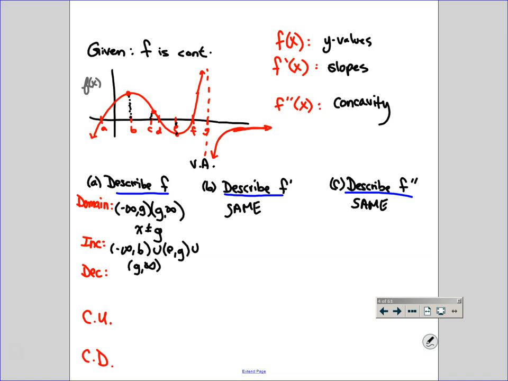How about f prime? Where are the slopes increasing? Not negative infinity, that'd be bad, because those positives are going to 0. That's not going up. A to B, no, careful, because the slopes, aren't they going from positive numbers to 0, which is actually decreasing?